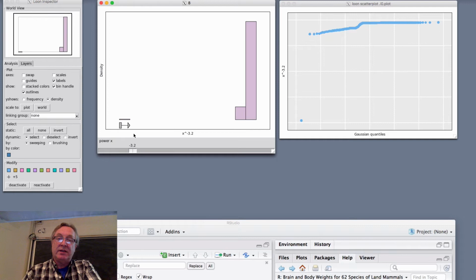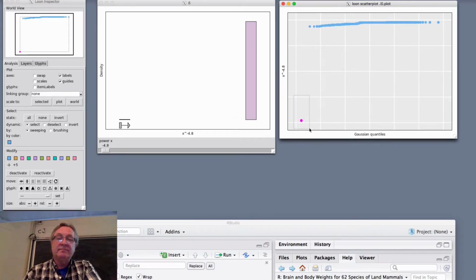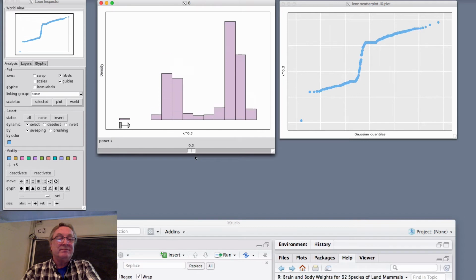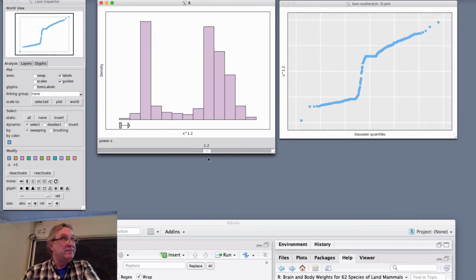I mean, that looks like it's getting straighter, but what's really happening is you've got this point down here, don't forget. So it doesn't look like we're going to be able to do much about this. So these power transformations are just going to work well for unimodal data. Right? So you've got that one mode that you can move around, to try to make things a little more symmetric. Not going to work for bimodal data like we see here. Any questions?